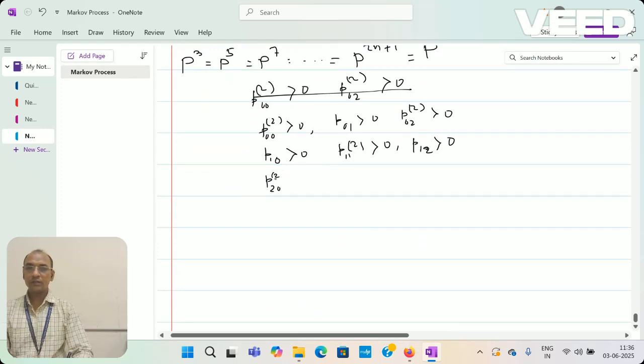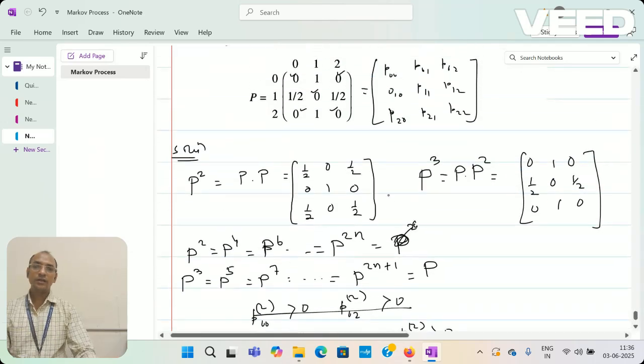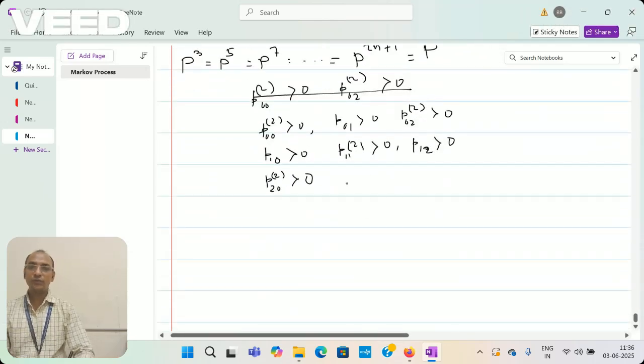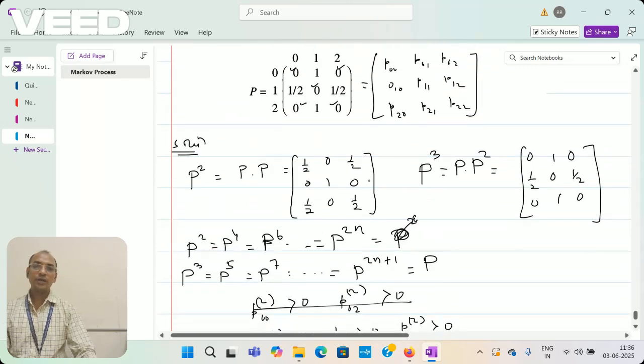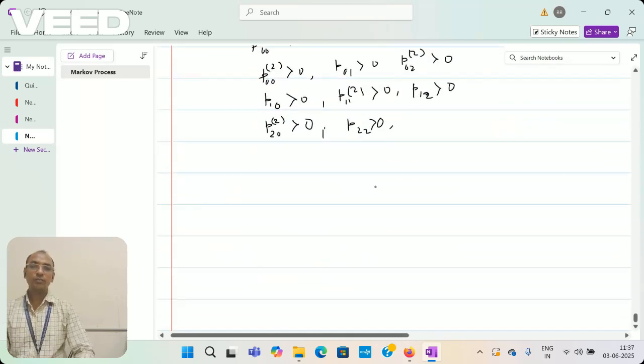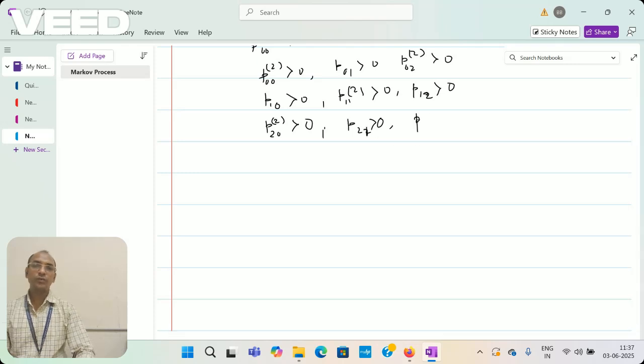And P21, P22 in the second step are positive, and therefore all 9 components are positive after the second step.